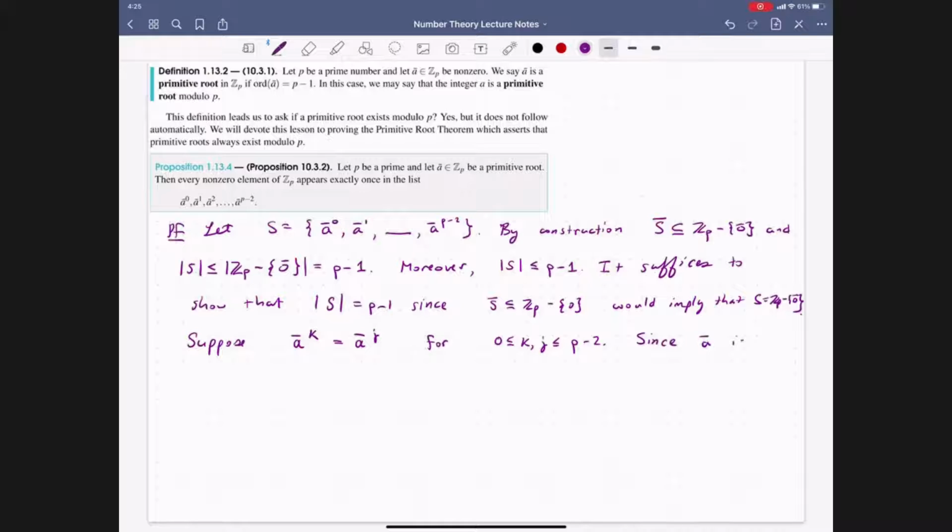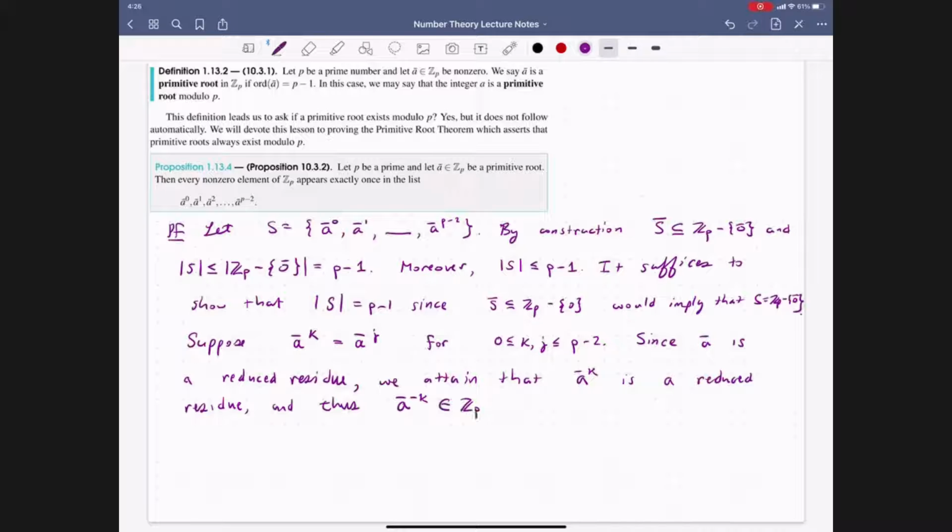So since a bar is a reduced residue, and the product of reduced residues is a reduced residue, a bar to the k is a reduced residue, and therefore we have a multiplicative inverse for a bar to the k.